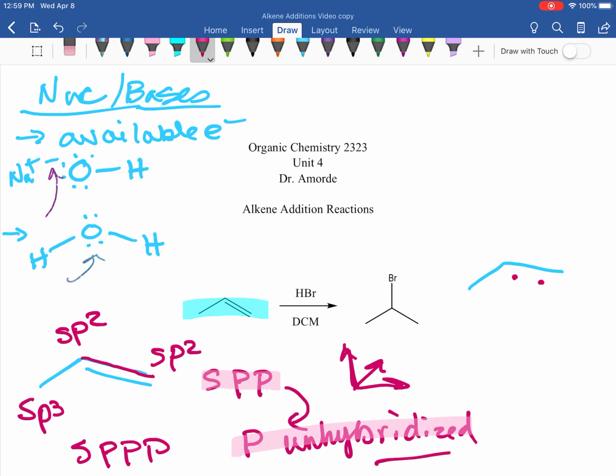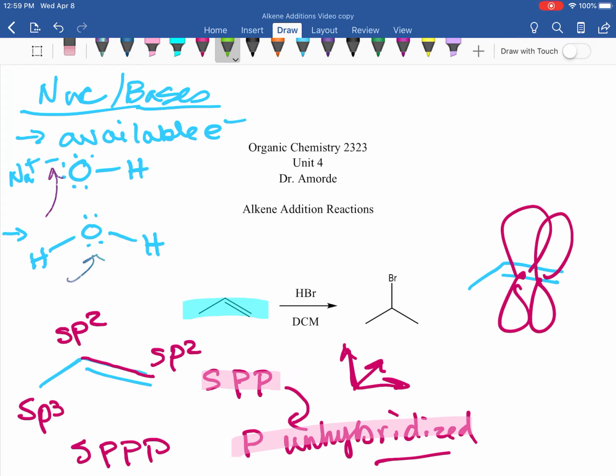So actually the double bond is not a part of that whole plane. It is not a part of that sp2. Let me put in the double bond, but let's color code those electrons. It is literally out and available. There it is. We just made that connection.